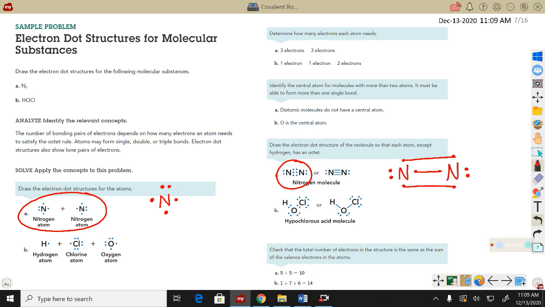Now, as you get better with these and take more practice, and you get to the point where you're like, oh yeah, I totally get this, and I've drawn N2 18 times and I just know it's a triple bond, well then it's totally fine to do this. If you know that there are 3 single dots and you're just going to bond all 3, then you can just go dash, dash, dash, and that would represent a triple bond.